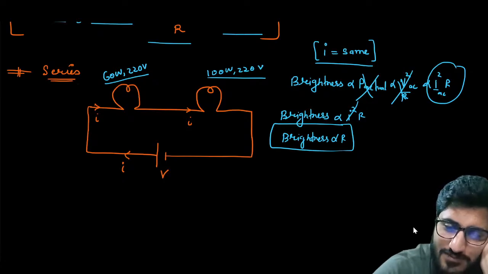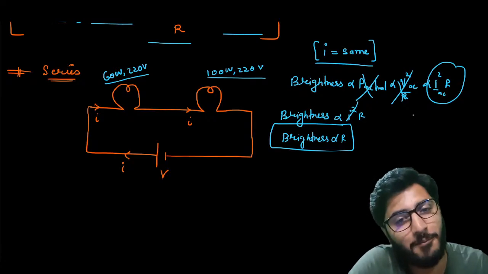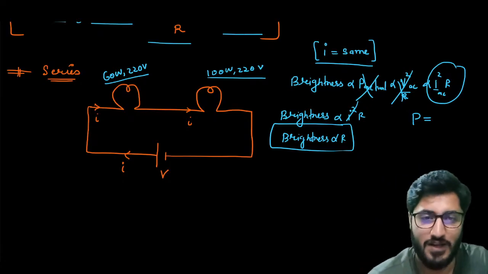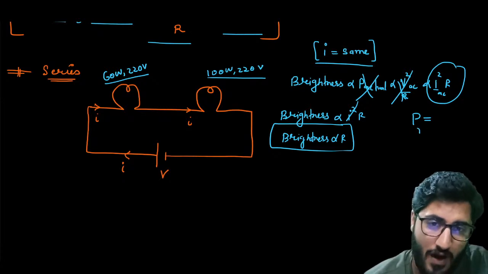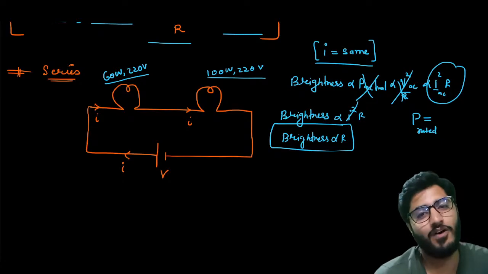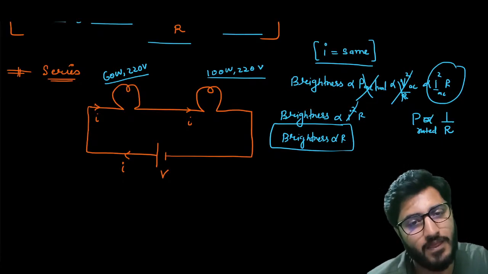And do you know one thing? What, sir? Power is equal to that thing that we discussed in the previous lecture, no? The rated power is inversely proportional to R. Why?